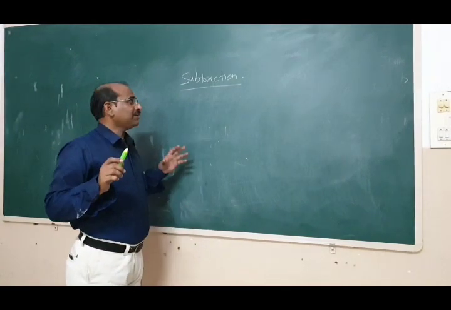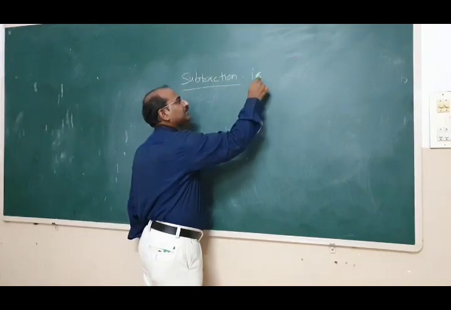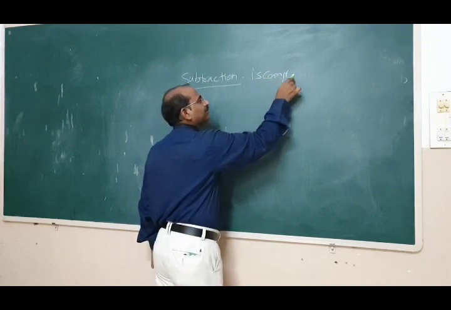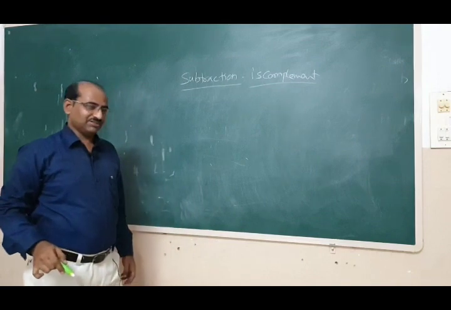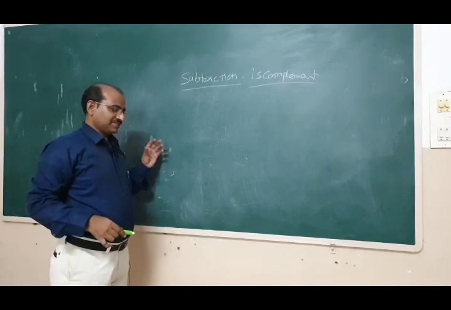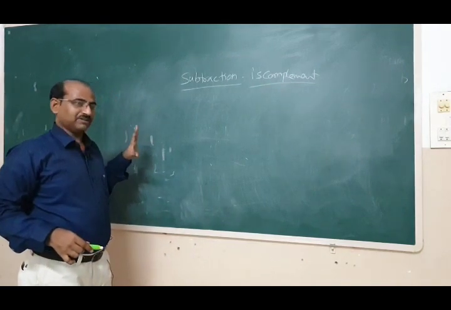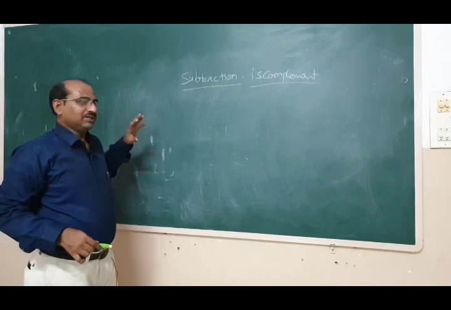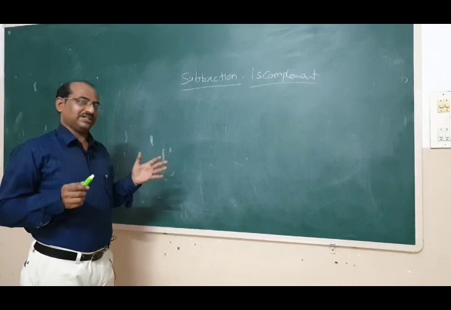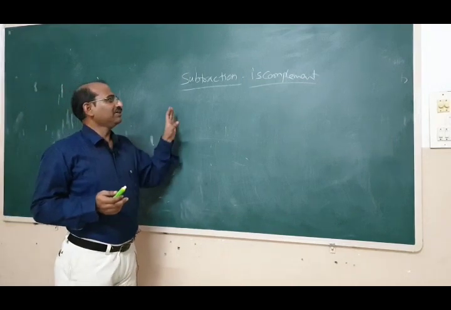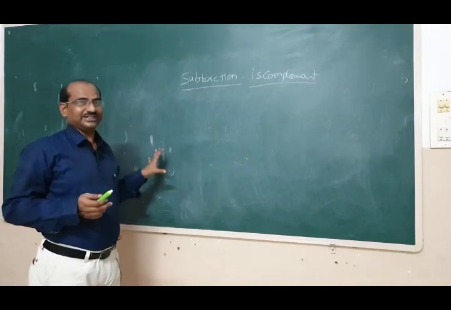Here complement method means ones complement method, and we have another method, that is twos complement. Actually twos complement is the actual method. Okay, directly discussing twos complement is somewhat difficult at your stage, because you have only preliminary knowledge in digital electronics.